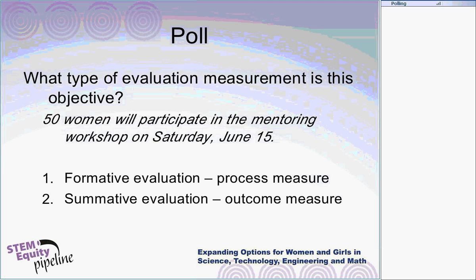In the case where we're doing an activity that we're attempting to create some change in behavior, the number of people who show up to the event is not a relative outcome measure. It's really more about how good were we at reaching out to folks, which is about process.